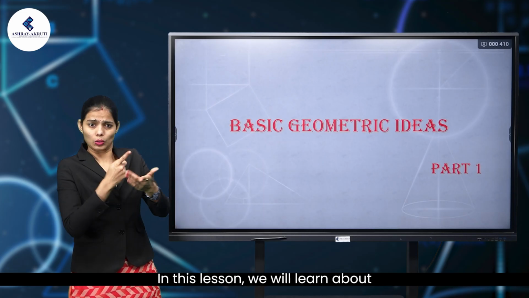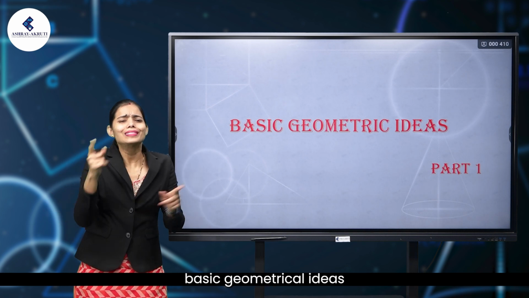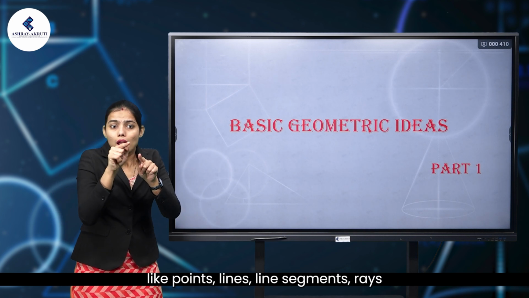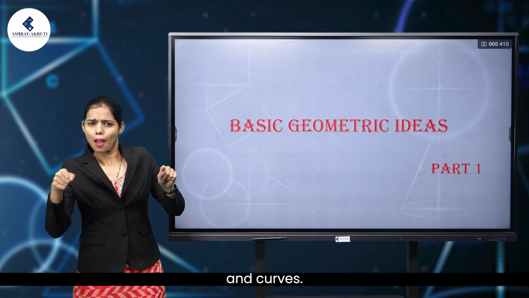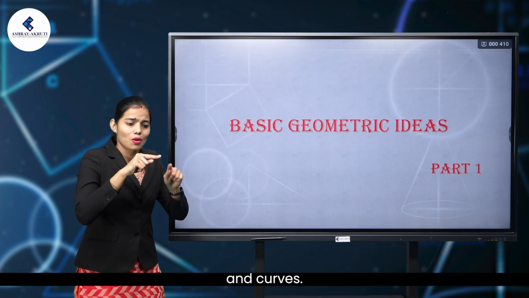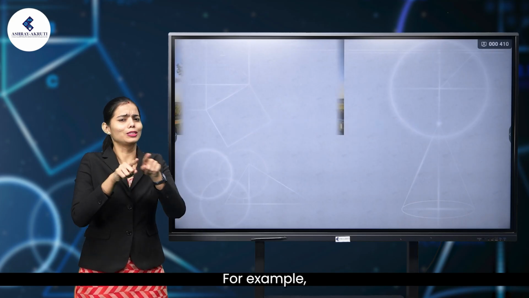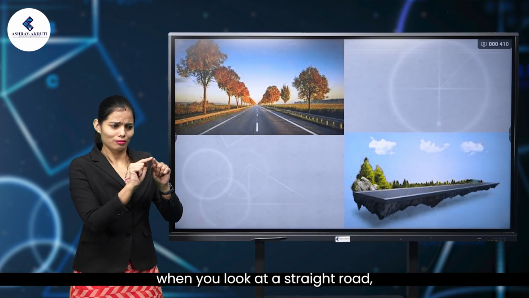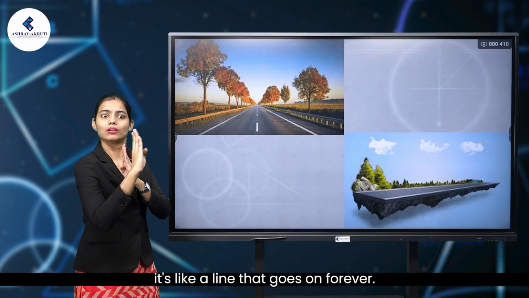In this lesson, we will learn about basic geometrical ideas like points, lines, line segments, rays, and curves. For example, when you look at a straight road, it's like a line that goes on forever.